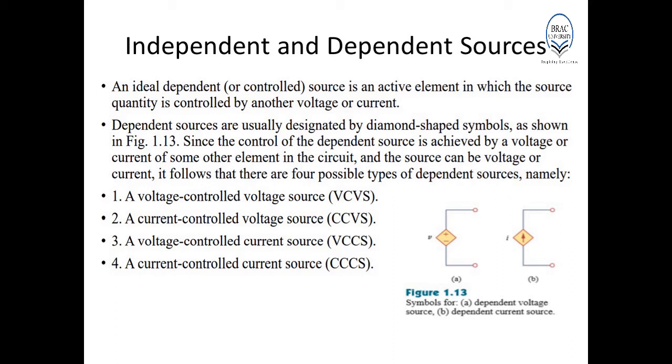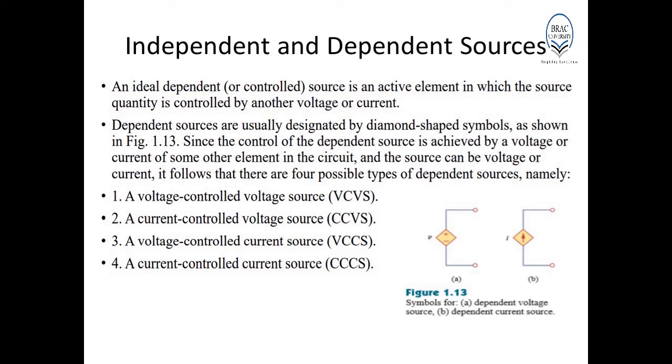An ideal dependent source, as the name suggests, are those sources whose value is controlled by another element in the circuit, or whose value depends on the value of another element in the circuit. Dependent sources are usually designated by the diamond-shaped symbols. The dependent voltage source symbol is this one, and the dependent current source symbol is this one.